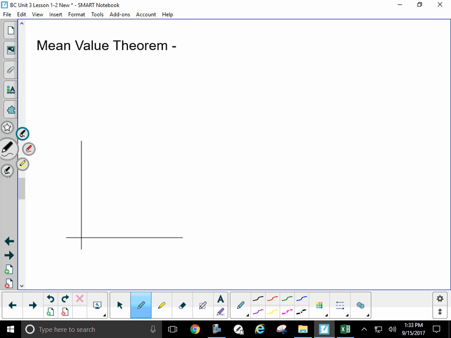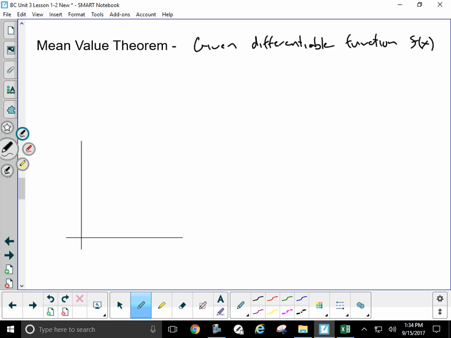All right. The mean value theorem is the second of 3 theorems that you need to know in BC calculus. Mean value theorem deals with differentiable functions. So given a differentiable function, what does it mean to be differentiable? It's very important to understand what it means to be differentiable. Anybody?